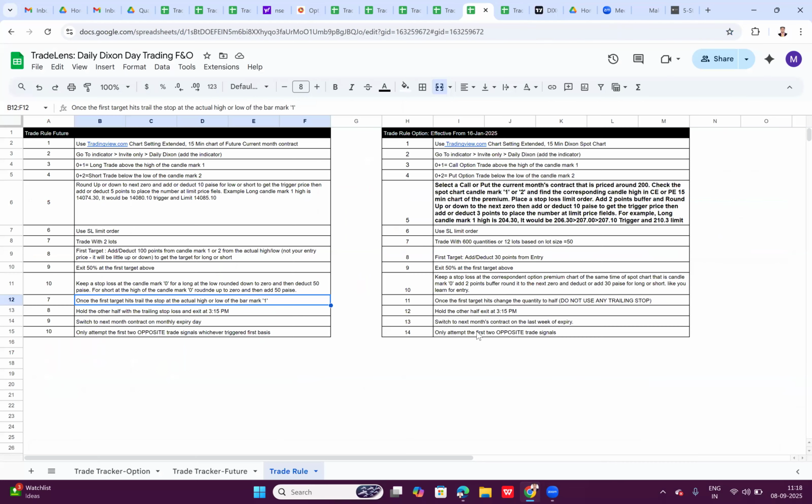we have to focus in both options and futures always on the first two opposite signals. I am repeating once again. If we got a buy trade, and entry is not triggered in this first buy trade, and if we got a second buy trade before 11:15, then we will not place an order as per the new trade.